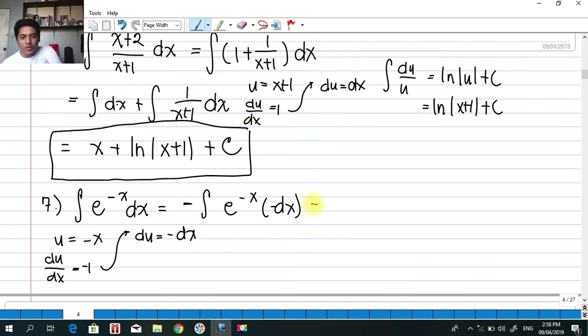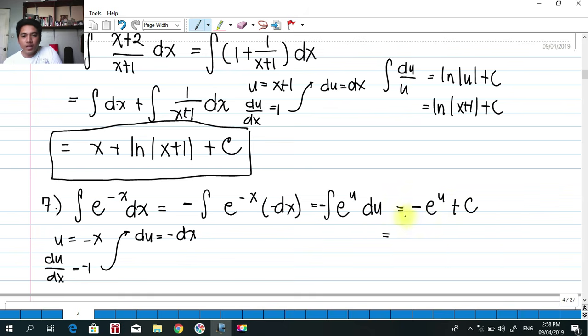Okay? So if we're going to evaluate that, the integral of e raised to u and negative dx is du. This is simple. From our formula a while ago, the integral of e raised to u du is simply e raised to u plus c.